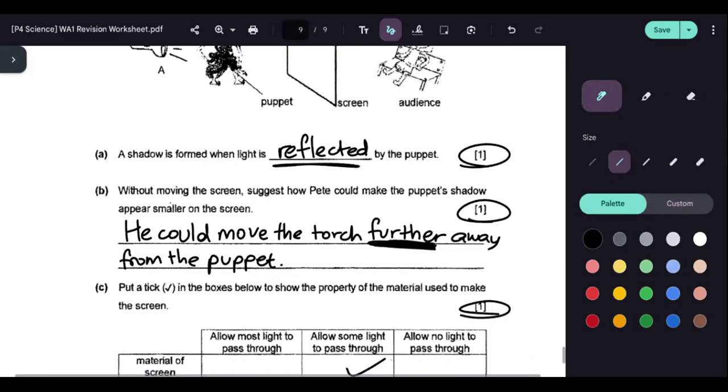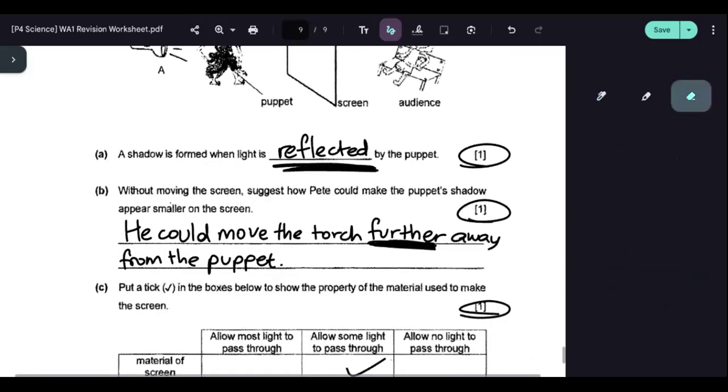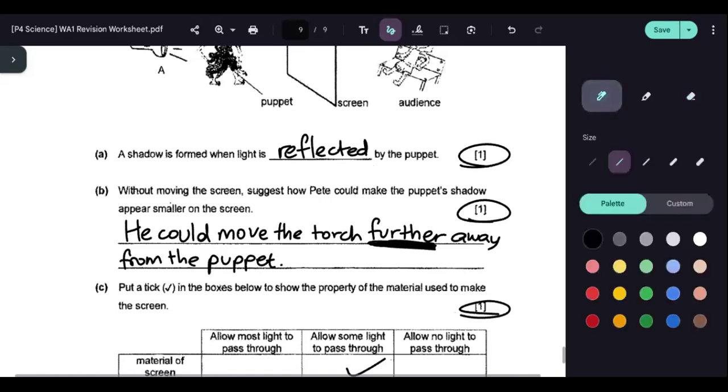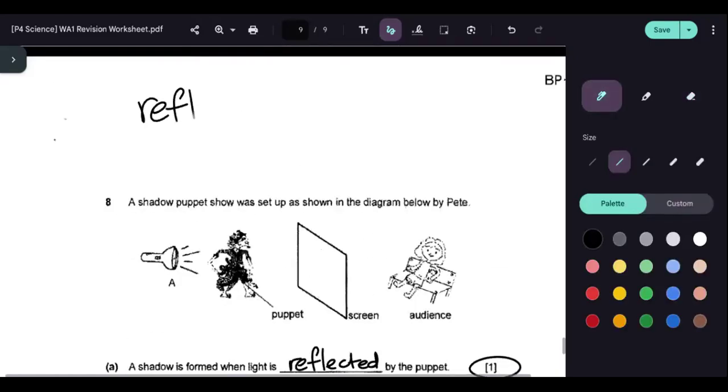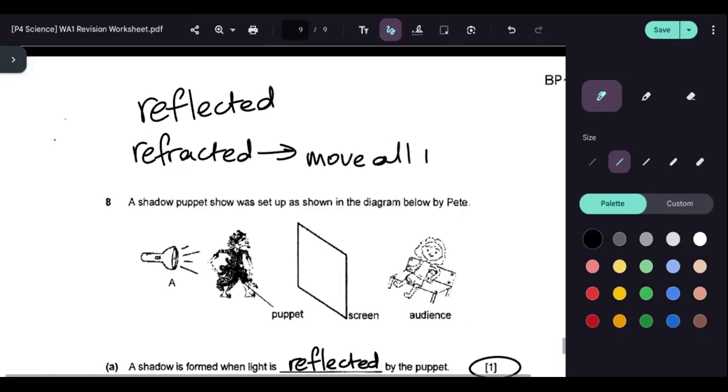When is reflected. Okay, there's a difference between reflected, this word, and refracted. Refracted means move all light away from the object, reflected with a L. Okay, the L and the RA makes the difference, yeah.